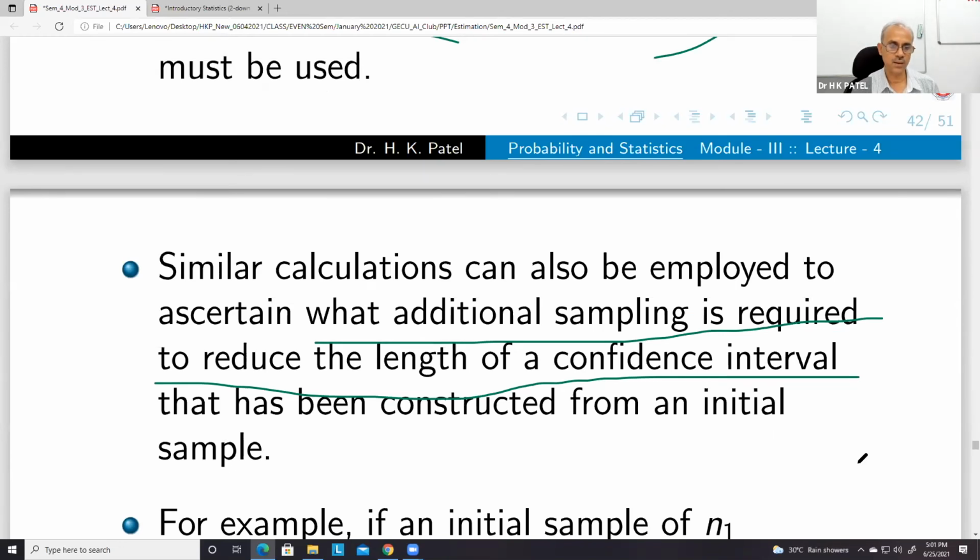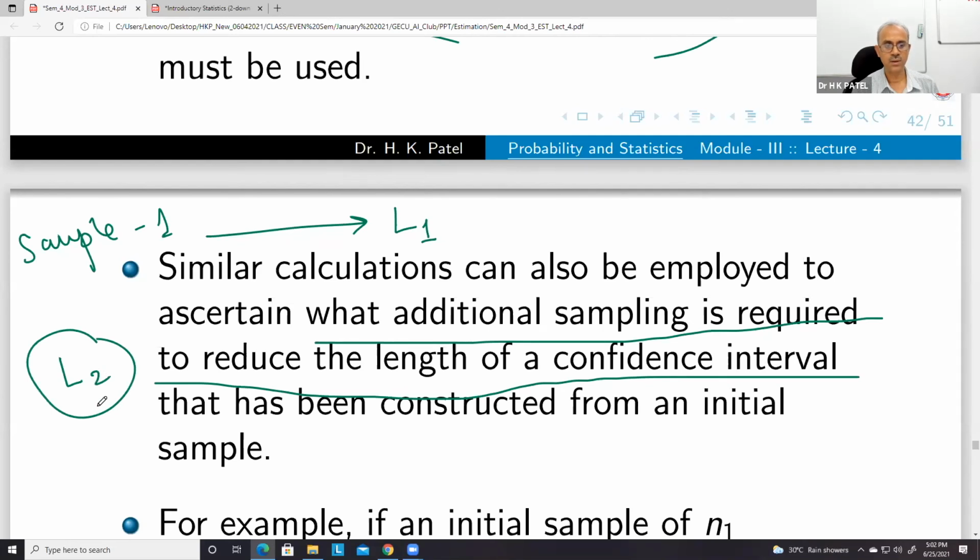So there is a sample, say sample 1, and we have obtained a confidence interval of length L1. But we want a confidence interval of length L2. Then how much additional sampling is required can be found with the help of these results.